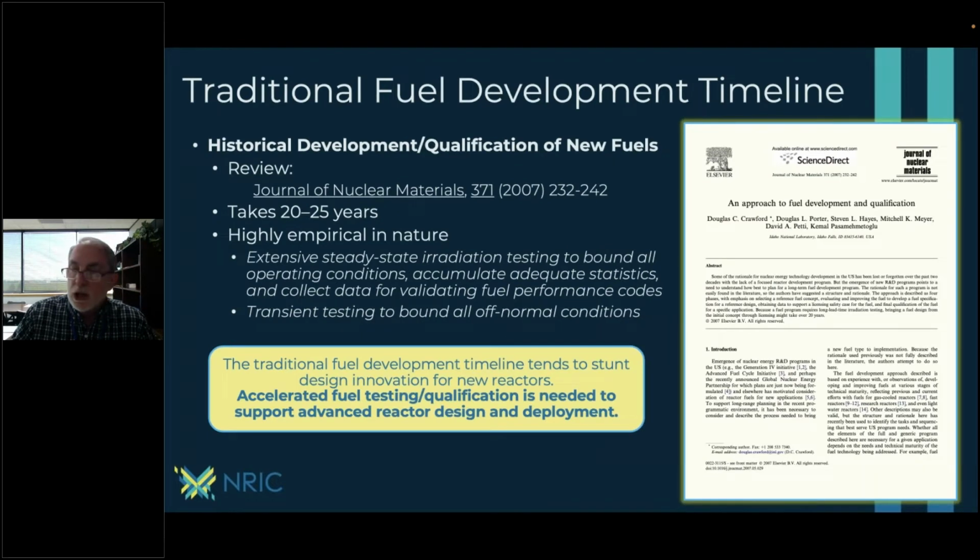About 15 years ago, a group of DOE fuel developers took a look at the way DOE developed and qualified new fuels. It looked at the DOE world, but the conclusions hold for the commercial world as well. And what they found is it takes about 20 to 25 years to develop, qualify, and obtain authorization for use of a brand new fuel type. That is using the traditional historical fuel development process, which tends to be very empirical in nature.